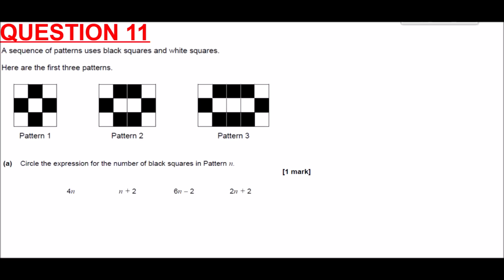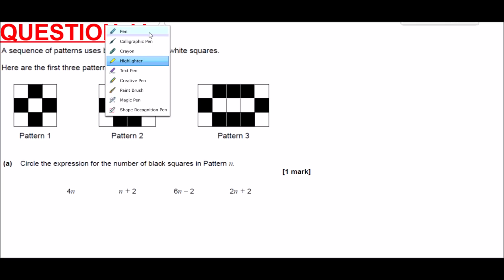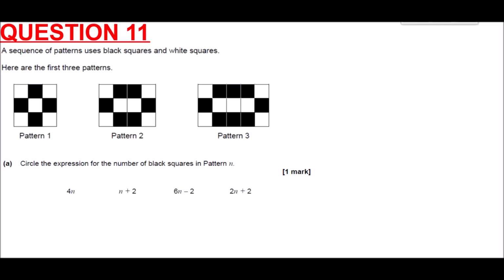Question 11, we've got a sequence of patterns that uses black squares and white squares, and for part A we need to circle the expression for the number of black squares in pattern N. So for this one, what I'd suggest doing is just a rough table. Oops, let's get the right pen.